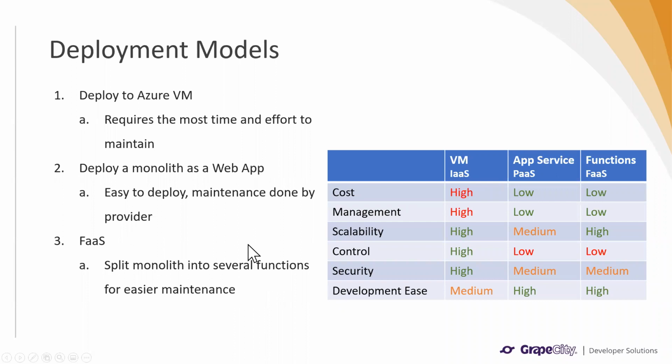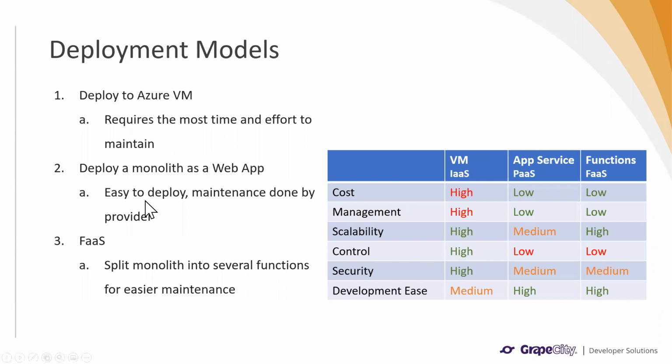It's easier to deal with, it's easier to deploy, and from a DevOps perspective as well, you can update and deploy fairly quickly and easily. And we'll see this in a little bit. We'll go ahead and show how this is done using Azure Web Services. And with this, the entire maintenance is done by the provider, so in this case, Azure.